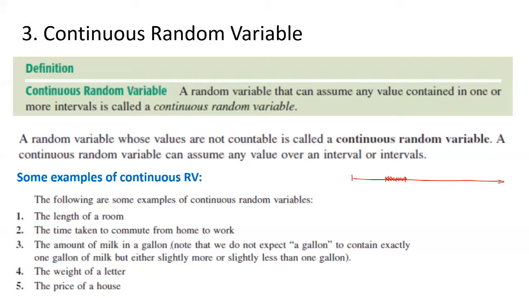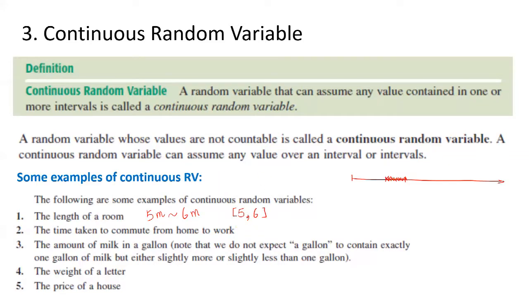Okay, some examples of continuous random variable. 1, the length of a room. Why is it a continuous random variable? Because the space is continuous, right? For example, the length of a room could be 5 meters to 6 meters. There exists an interval that is 5 to 6.